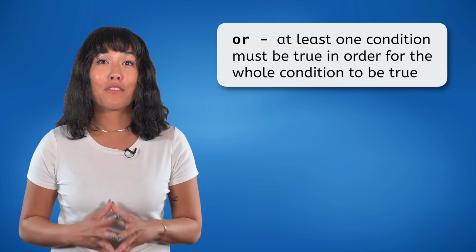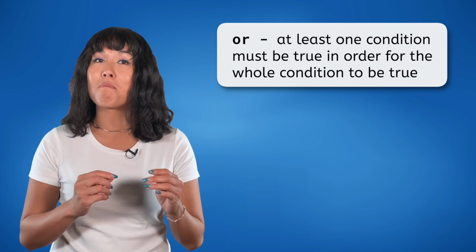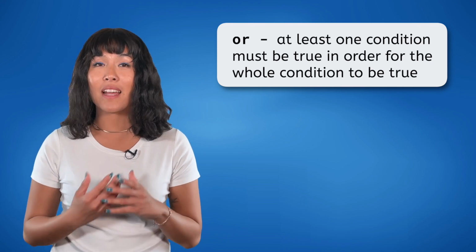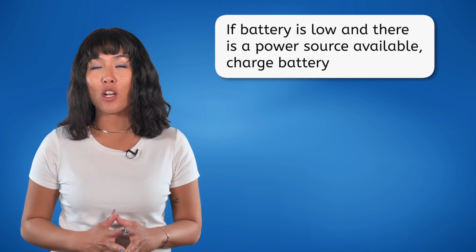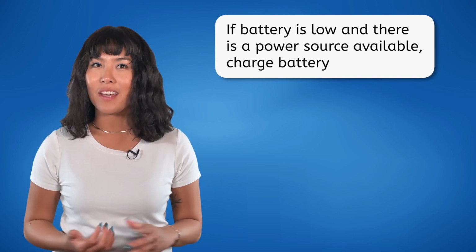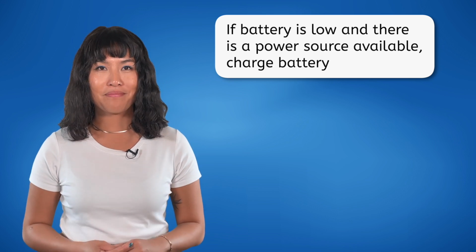Managing my spacecraft's power resources involves multiple checks, so I'll have to use a logical operator to make the correct decision. I would like to write code to see if my battery is low and there is a power source available. If so, I'll charge my battery.